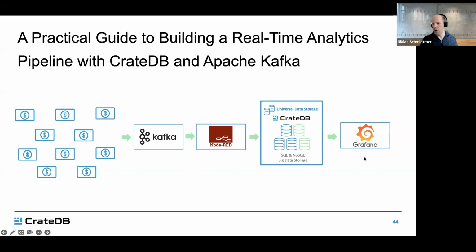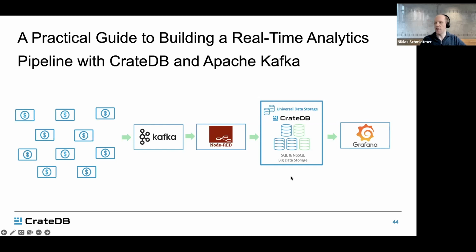And the way we are going to implement this today is by using several open source components. So we have Node-RED here as a low-code automation tool that reads messages from Kafka queues and then ingests those messages into CrateDB, so our persistent data storage, which is going to serve us also as a long-term storage.